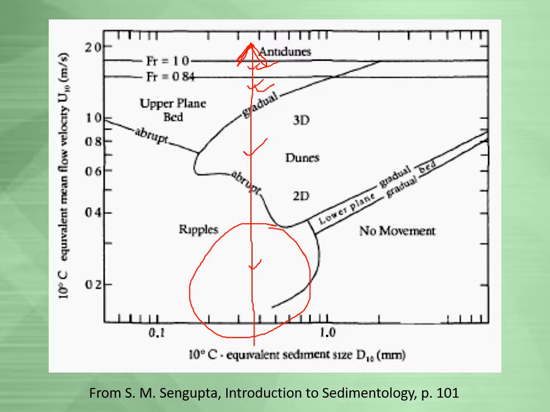And in the upper size class, as they are of higher weight and specific gravity, it is also very difficult to move them due to their higher weight compared to the flow velocity. So there is a huge field of no movement of sedimentary grains. So only the medium grain sand, the primary sedimentary structures, like the plane laminations of lower and upper flow regime, ripples, dunes, antidunes, they are best developed.